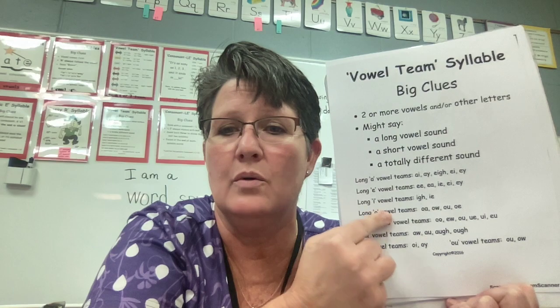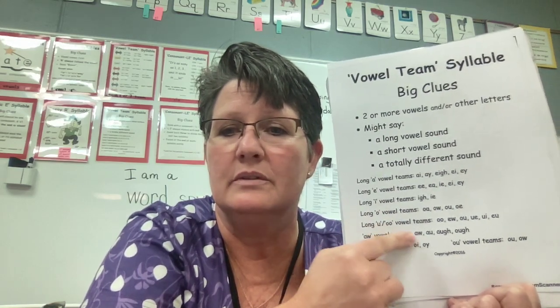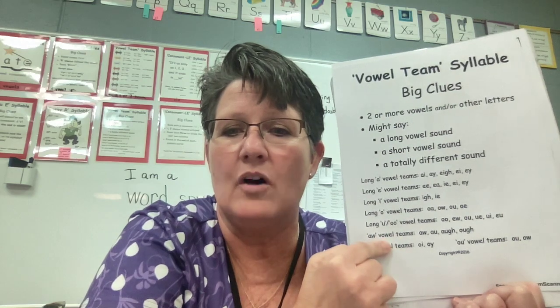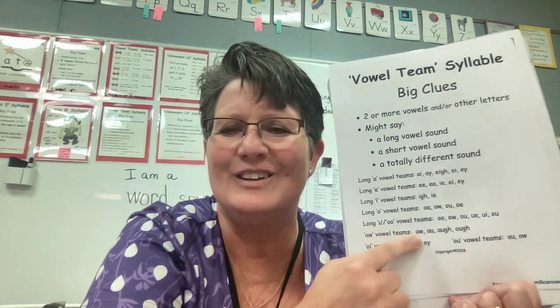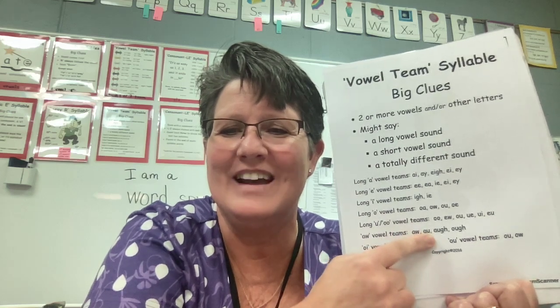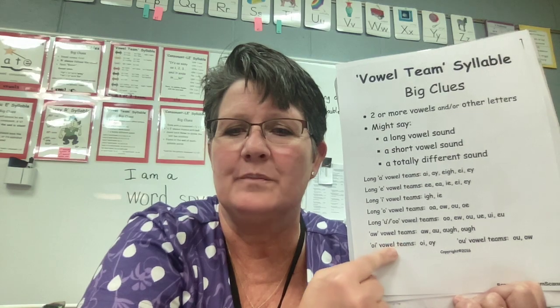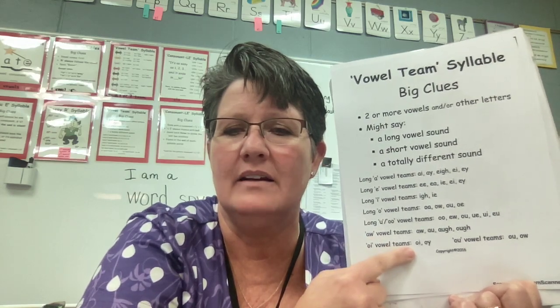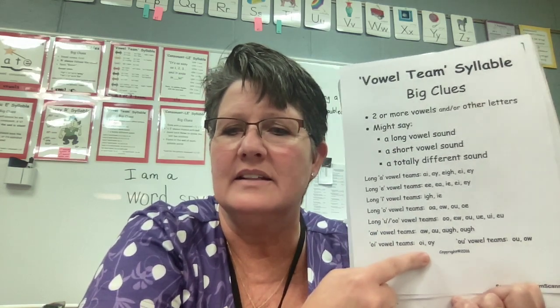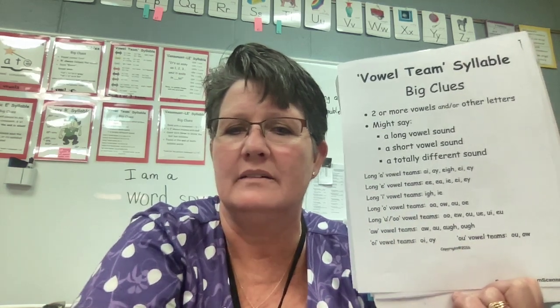We've got long O, long U or oo. Then we have aw: the AU, AL, AW, AUGH, and OUGH. Then we have the oi, OI and OY. And this one right here, we have the ow and the aw again.